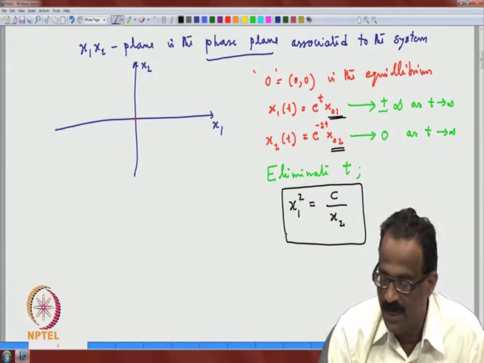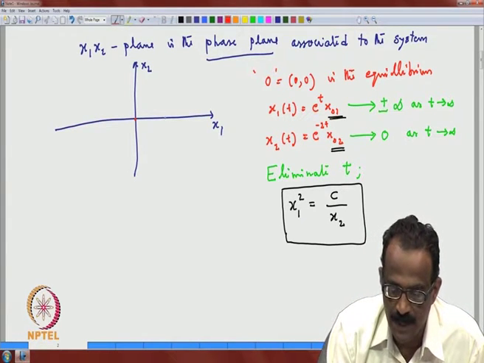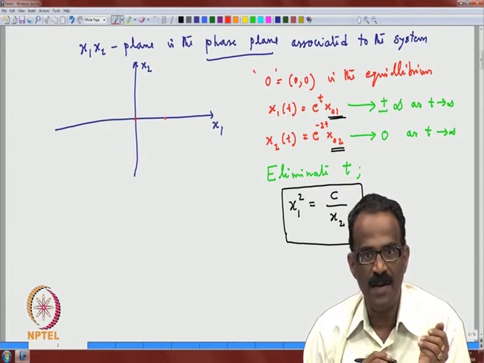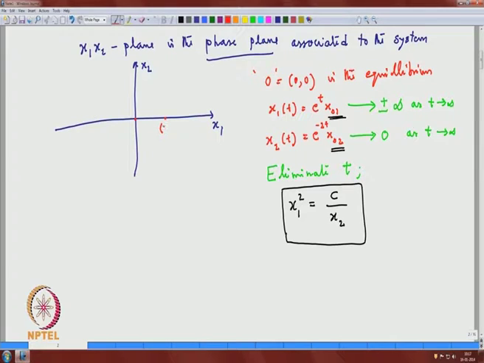So, if you plot here, suppose you started a trajectory at this point. This is the point, nothing but some x naught 1, 0. Since the second component is 0, this is a decoupled system, x naught 2 will be 0, and the x2 component will remain 0 all the time.